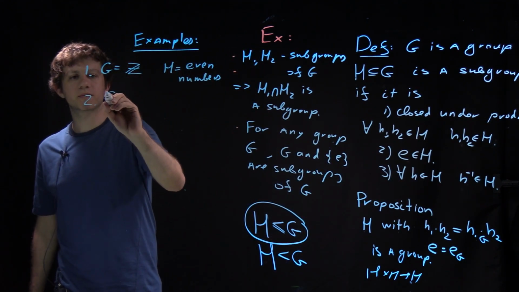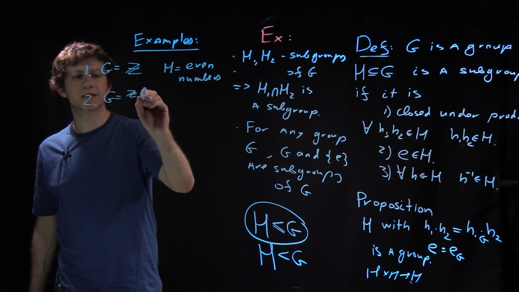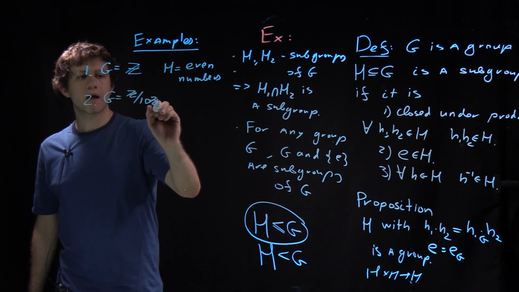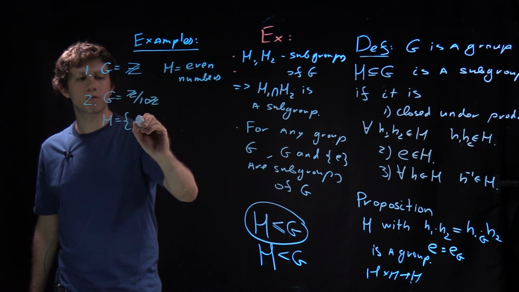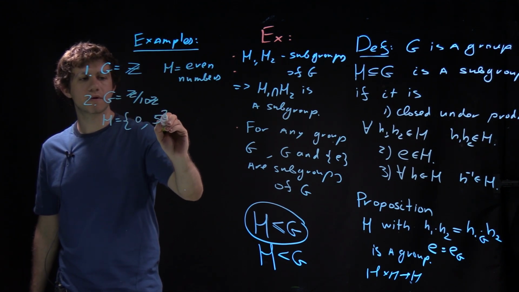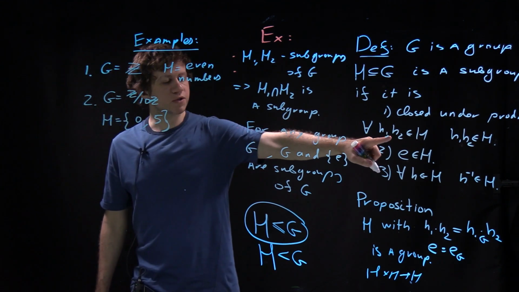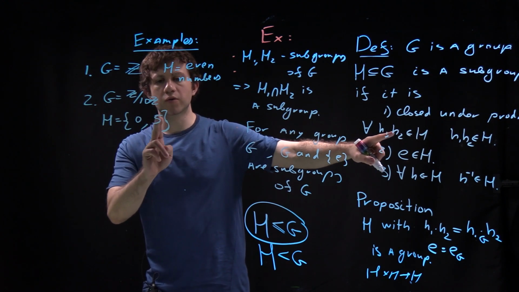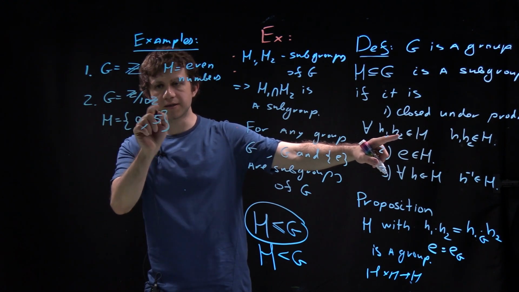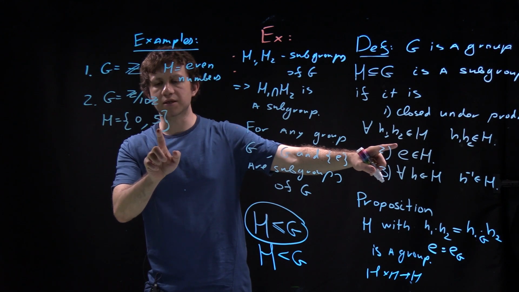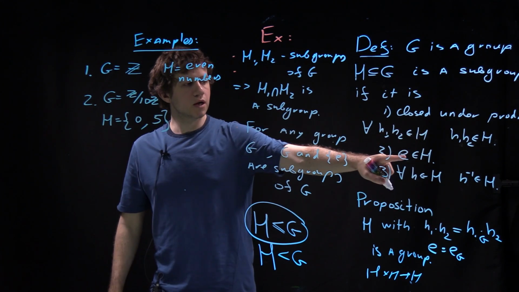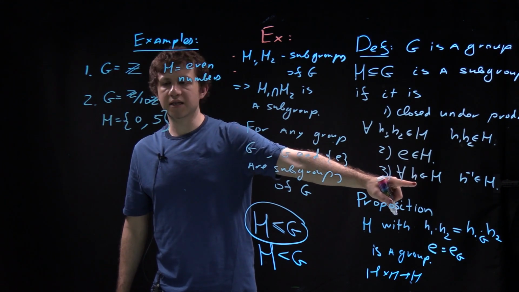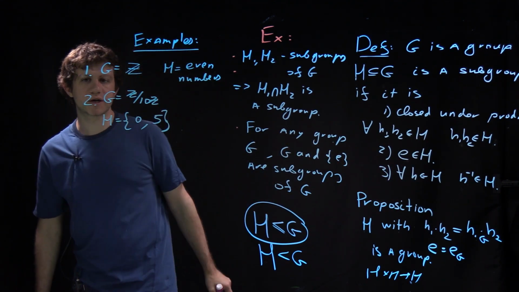Another example: G can be Z over 10Z, and H can consist of two elements, 0 and 5.